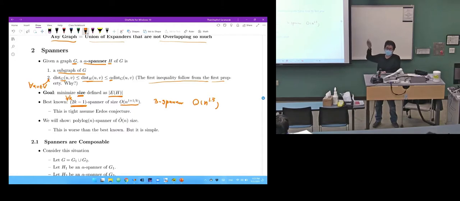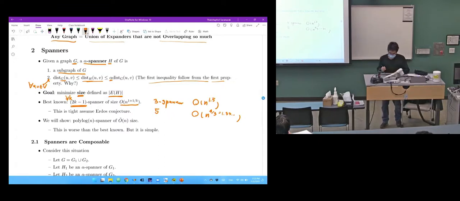Even if the graph in the beginning has n squared edges, you can get this number of edges. Or if it is 5, then this is going to be n to the 4 over 3, something like this. And this is tight, but I will not talk about this.